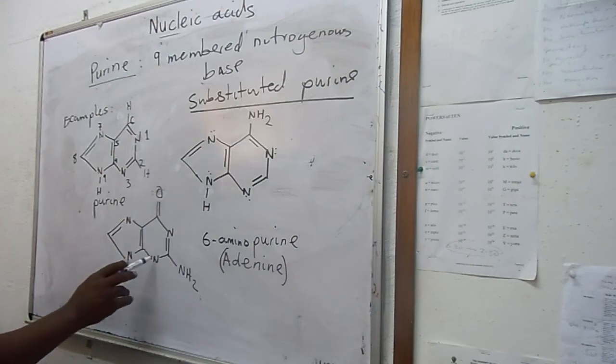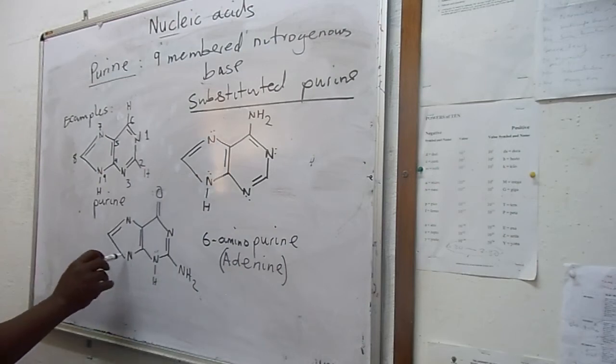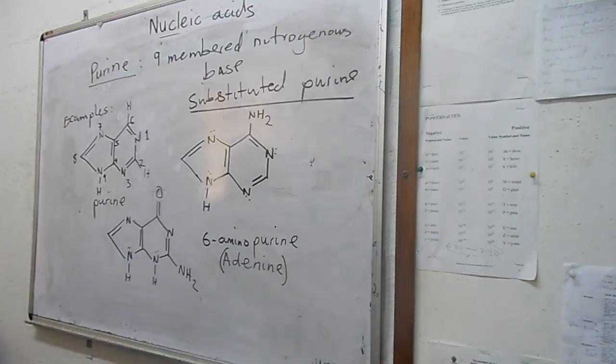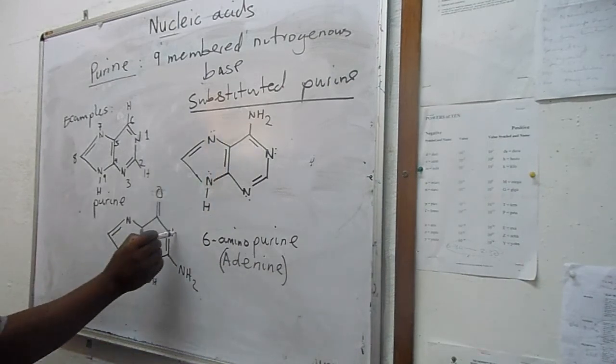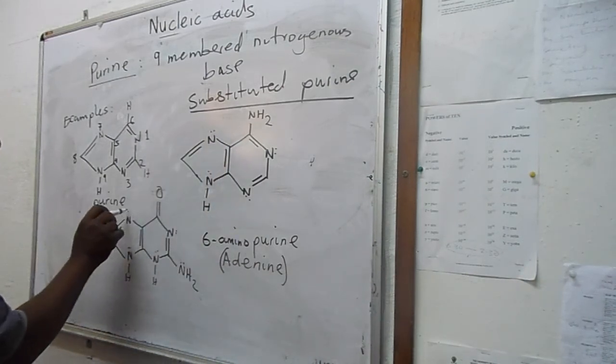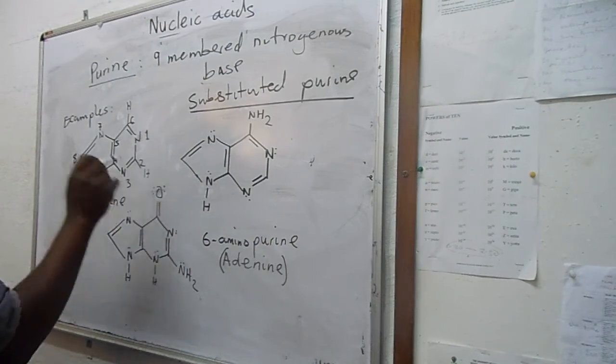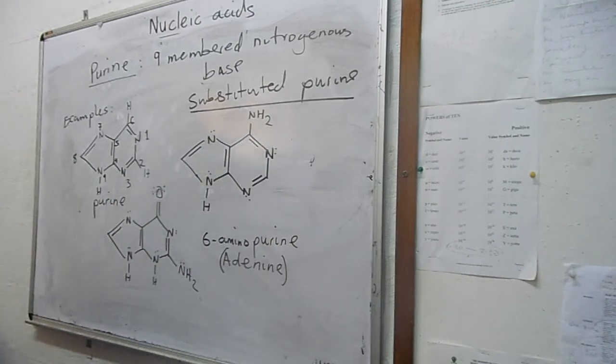This one has 1, 2, so it must have another hydrogen there. This nitrogen has 2, so it must have the hydrogen here. Right. There's a lone pair here, there's a lone pair there. There are 2 lone pairs there.